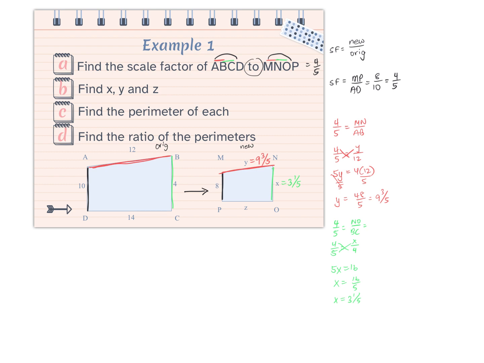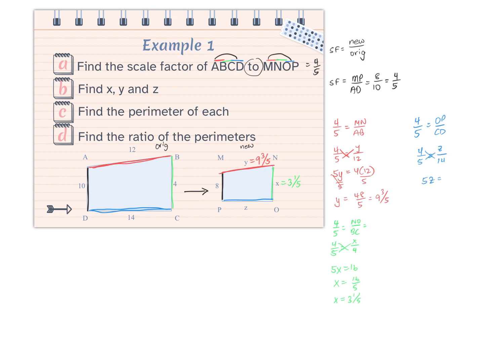And then I'm ready to do my last side, DC. I know DC corresponds with PO or OP, right? DC and OP. And again, I'm going to use that same scale factor. So I know if I do OP over CD, that's how I set it up. So OP is Z and DC is 14, and I use my cross products.